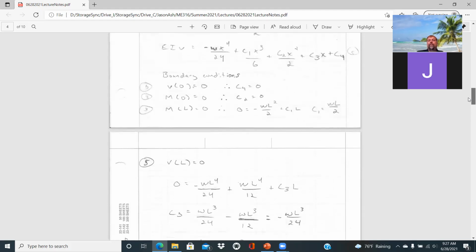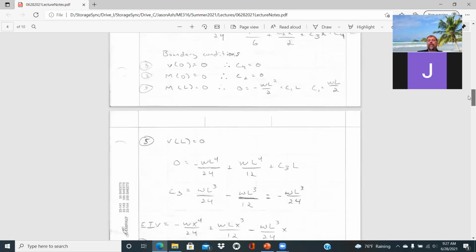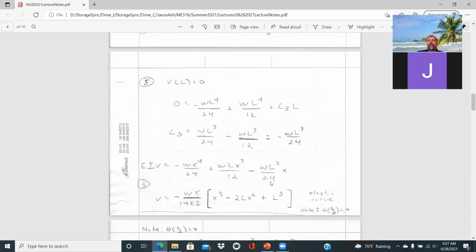And then C2 is 0 and C3 is just C3 times x, so minus wL cubed over 24 times x. This then gives us the fundamental expression for our elastic curve.